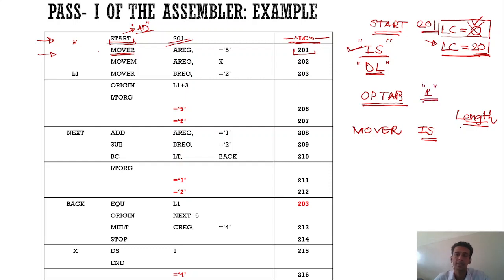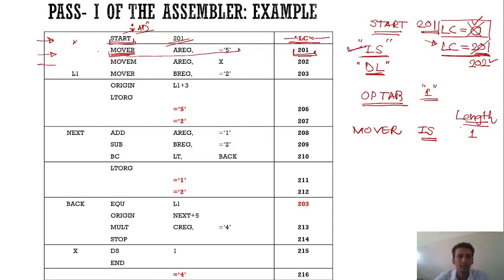It may vary depending on the type of architecture we have, but here for the sake of understanding we are considering the length as 1 by default. So the location counter for this instruction is going to be 201, and as its length is 1, we will increment LC by 1, so the LC will be updated to 202.